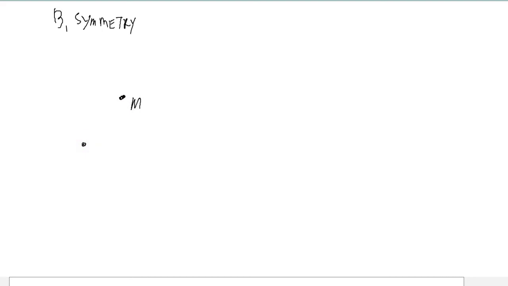And nandito ngayon si point A. So, si point A ay may distance from point M. Kapag sinabing the point B is symmetrical to point A with respect to point M, at equal distance in the same direction, dito natin makikita si point B. Itong point M na to ay tinatawag nating point of symmetry.